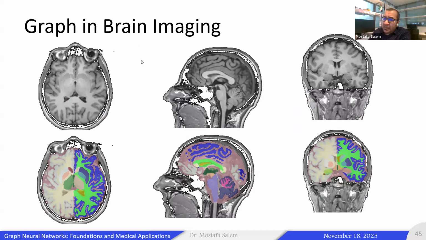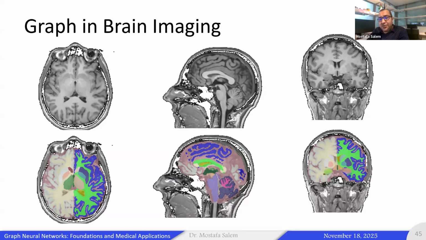For medical images, I'm used to using graph neural networks to do Alzheimer's diagnosis using brain structural MRI or brain functional MRI. As you can see here in the images, I have this brain MRI, a T1 brain structural MRI. I can segment the image into 32 different region structures, and then I will extract information from each one of the 32 regions.